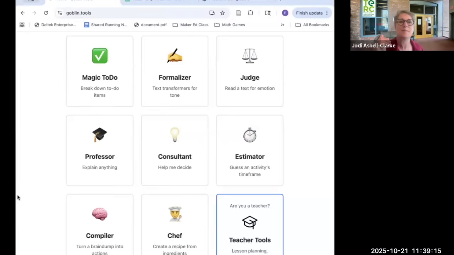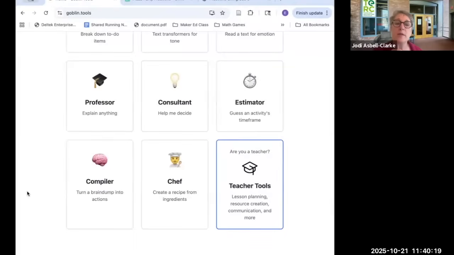There's one that reads a text and gives the emotional tone, which we can play with. That's pretty fun. There's a professor to explain anything, which is what you'd expect, just an answer. And consult is help me decide. And the estimator does a reasonably good job.